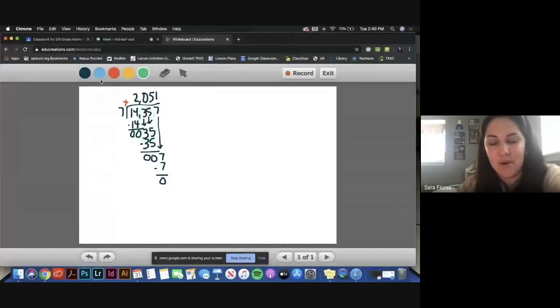So now what I'm going to do is I'm going to check it. So I'm going to multiply my quotient times my divisor. So 2,051. Sorry, this is all messy. Times 7. So 1 times 7 is 7. 7 times 5, 35.